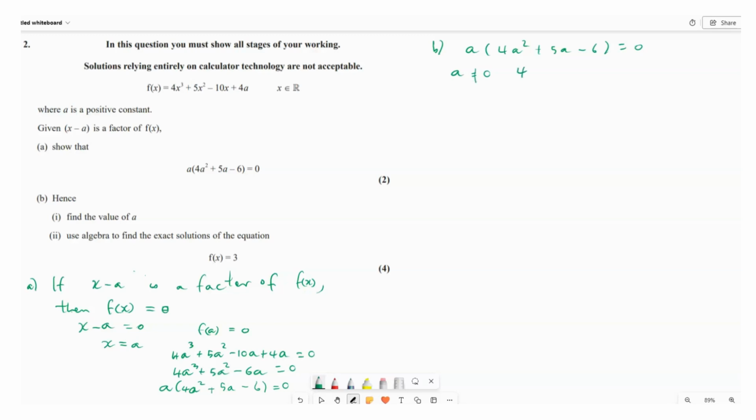So we are going to have 4a squared plus 5a minus 6, and this is a quadratic equation and we need to solve this.